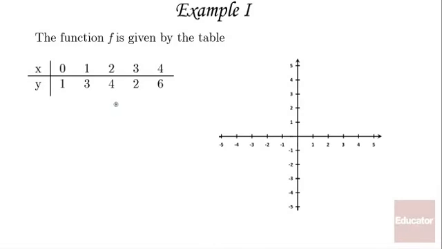Okay, in example 1, the function f is given by this table, and what we're going to do is discuss this function and then generate a graph. In order to draw a graph, what I need to do is first get some coordinate pairs out of this table. So my first one is 0, 1.